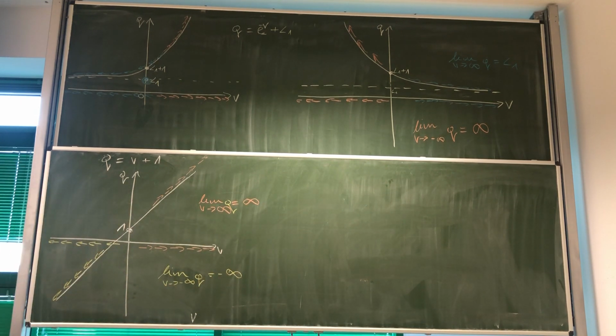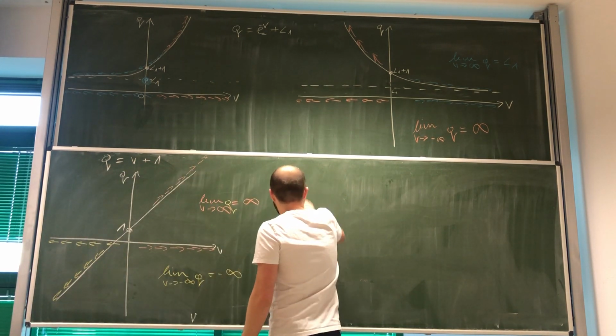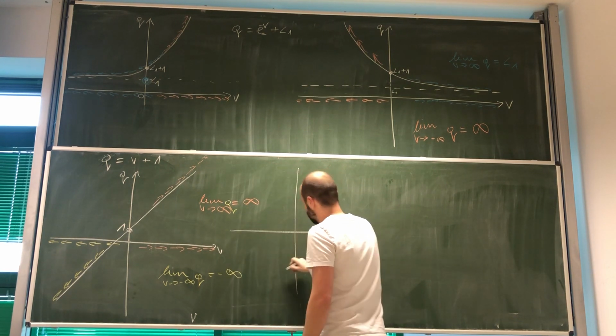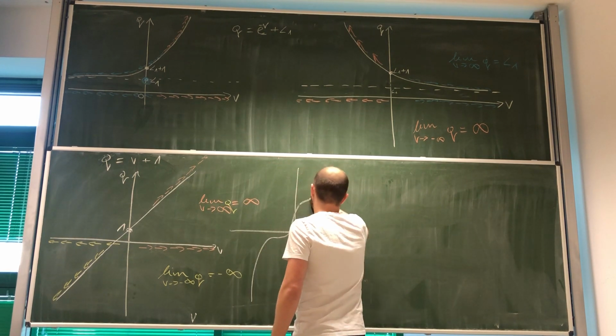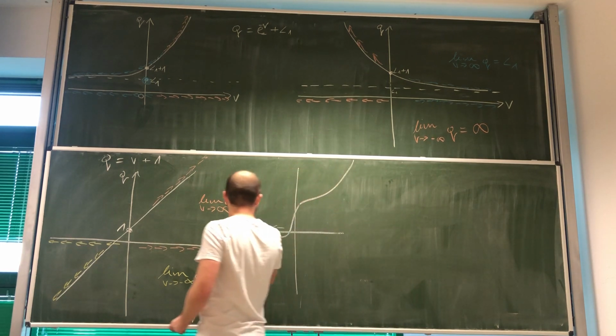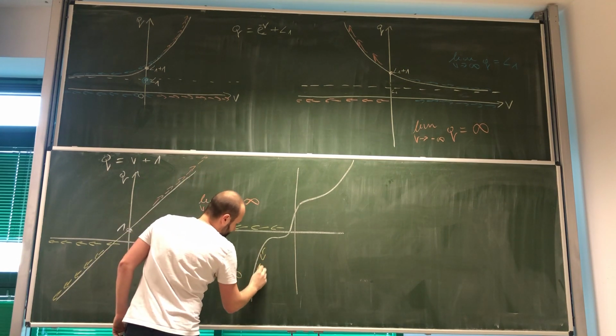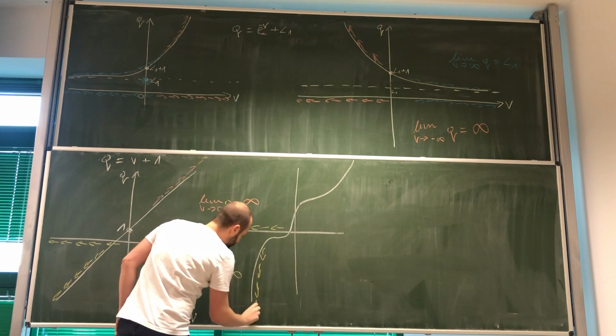But look, we could have the same case if this function were not linear. If this function would look like that, we could still observe that as v is getting smaller and smaller, q is getting smaller and smaller as well.